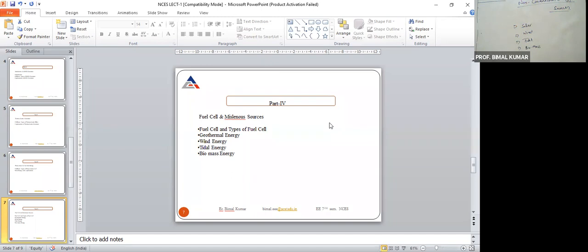Geothermal means inside the earth there is a great energy available always, right? So inside this earth, near to the core of the earth, all that metals will be available in the form of molten state, right?